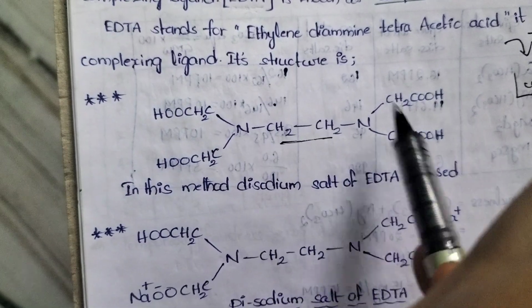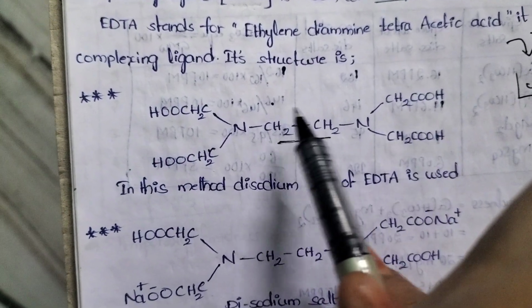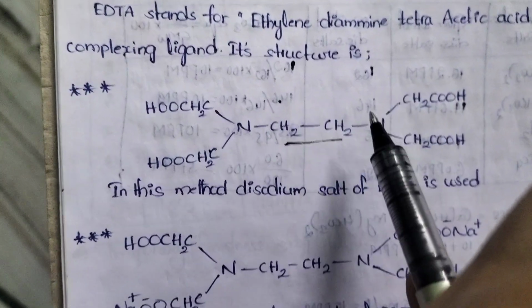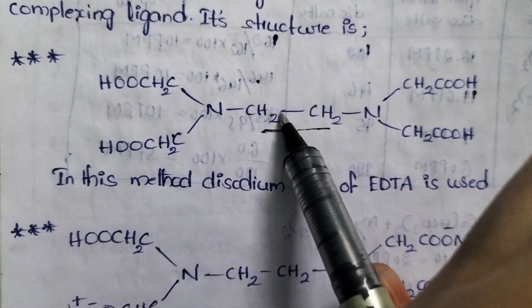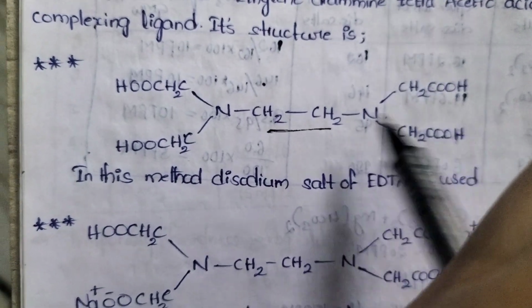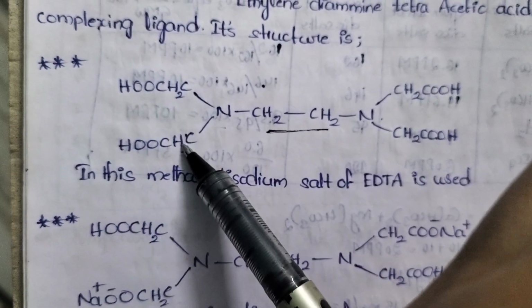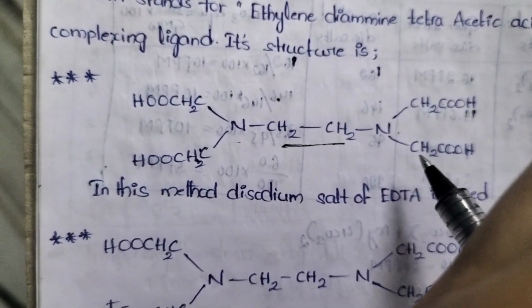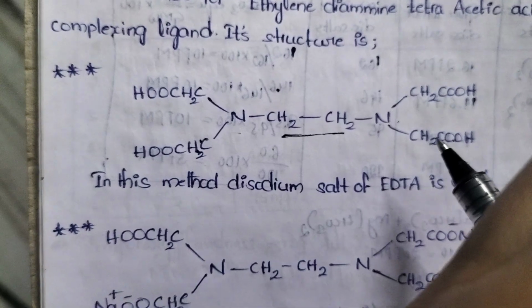Acetic acid groups are 4, that is why it is called tetraacetic acid. This is the overall structure of EDTA, ethylene diamine tetraacetic acid.